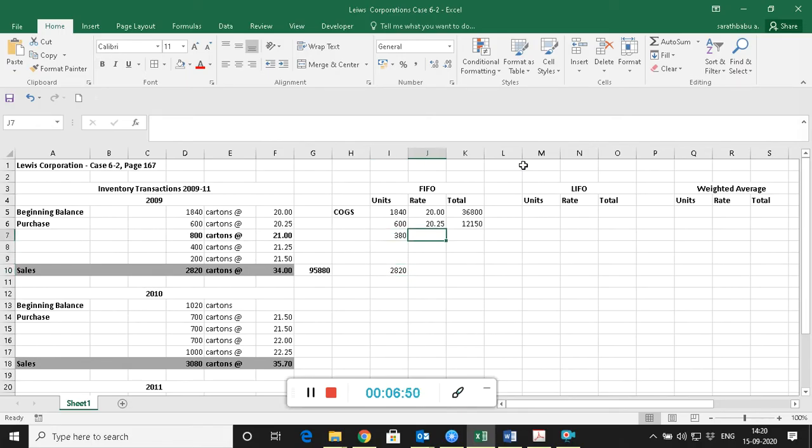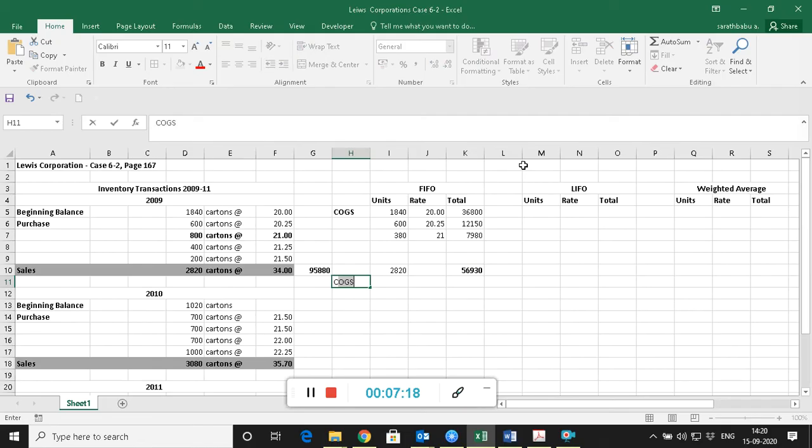So let me take from the third lot 380 at the rate of 21, and the total is 380 into this. So when I sum it up, as per my FIFO method, my COGS would be 56,930.